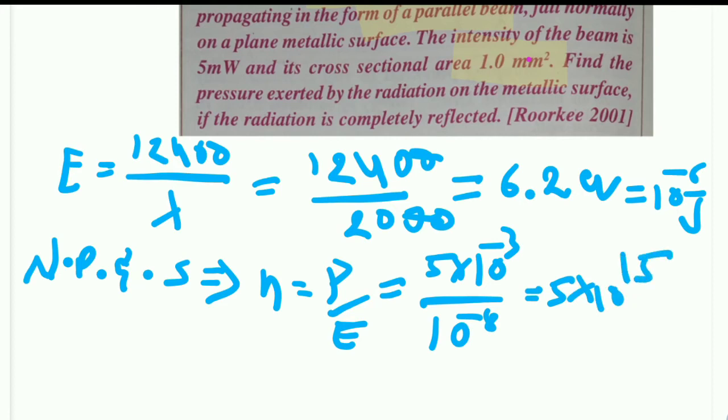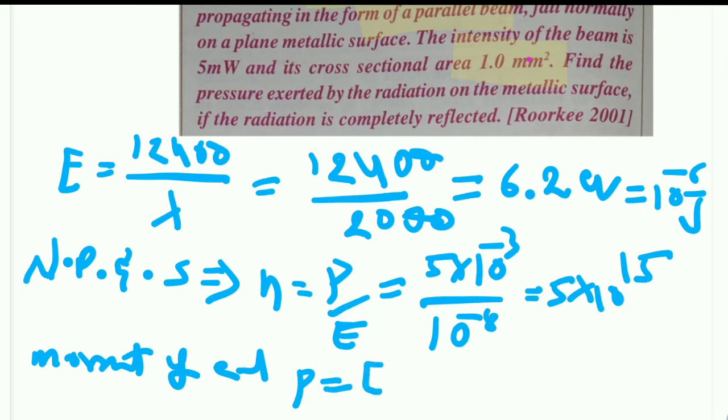Now the momentum of each photon, p is equal to E by c. Now 3.3 into 10 to the power of minus 27.